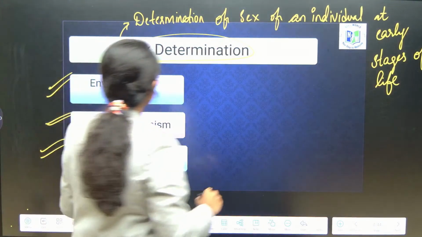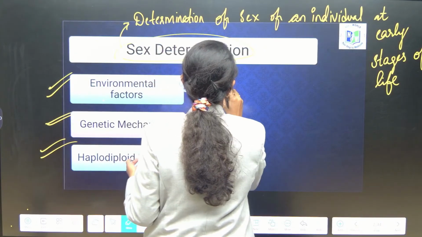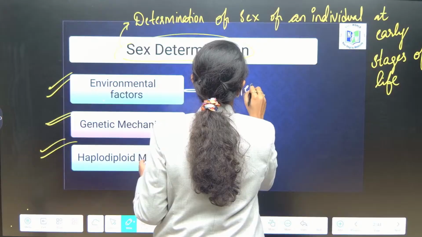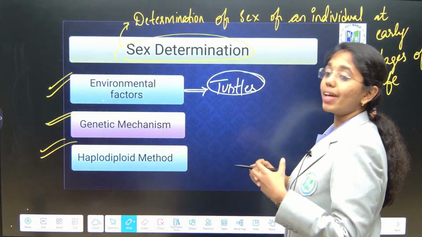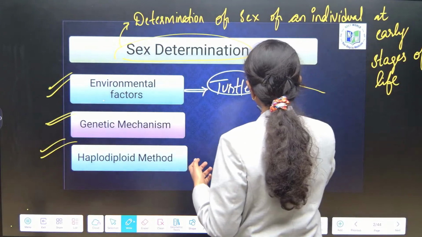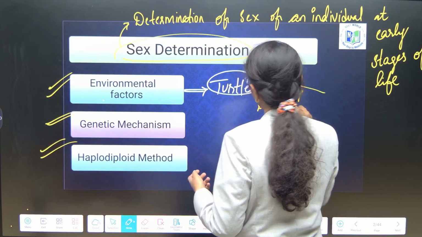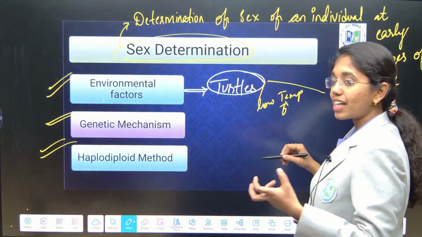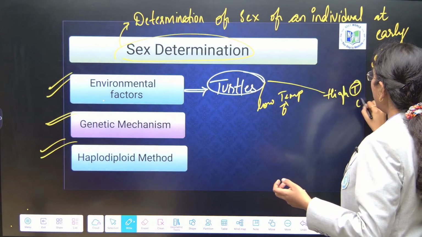Among environmental factors, the best example is turtles. If turtle eggs hatch at low temperatures, they turn out to be male. If eggs hatch at high temperatures, they turn out to be female.